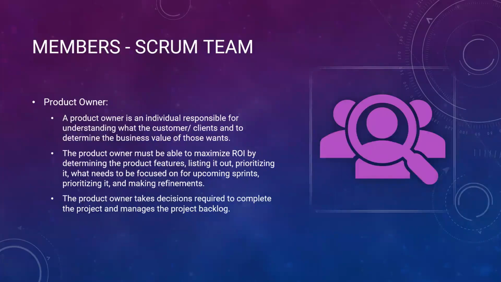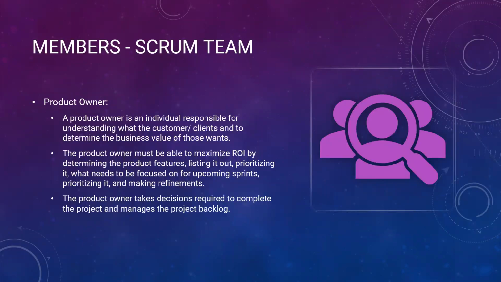Here the product owner must be able to maximize ROI, return on investment, by determining the product features, listing them out, prioritizing what needs to be focused on for upcoming sprints, and making refinements.